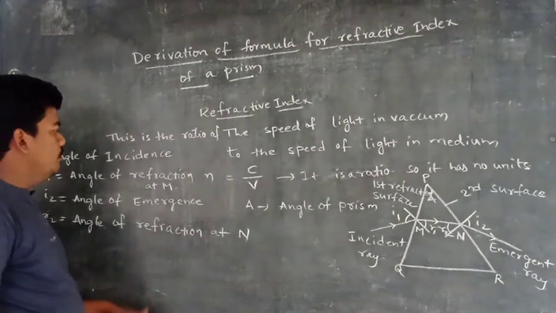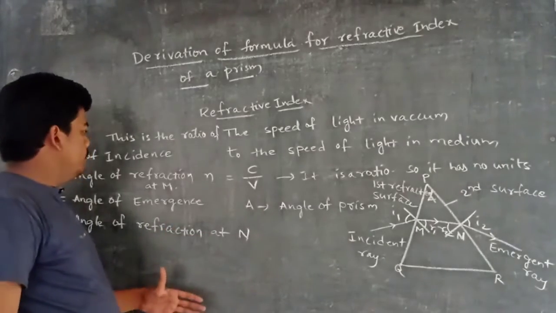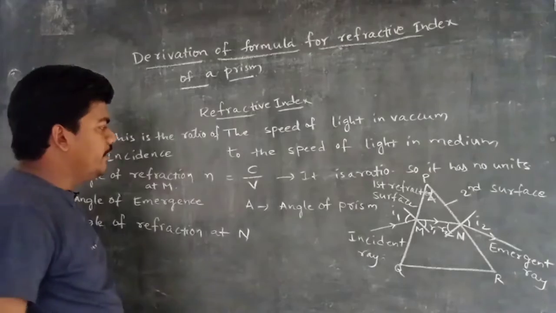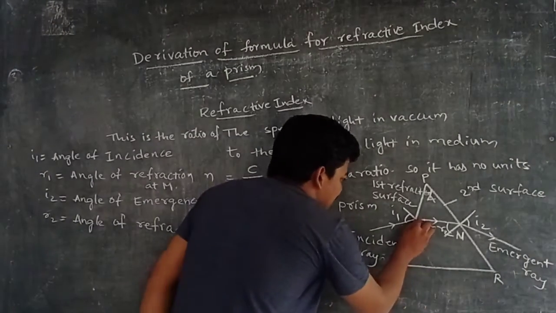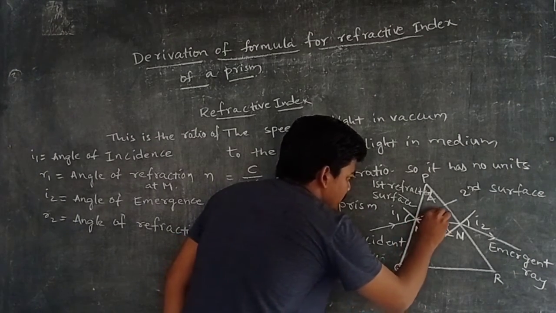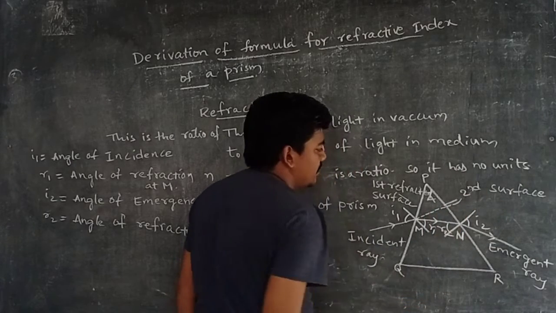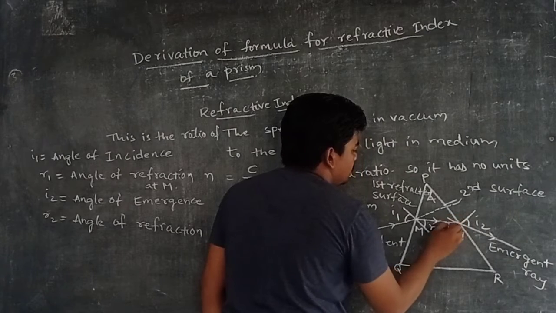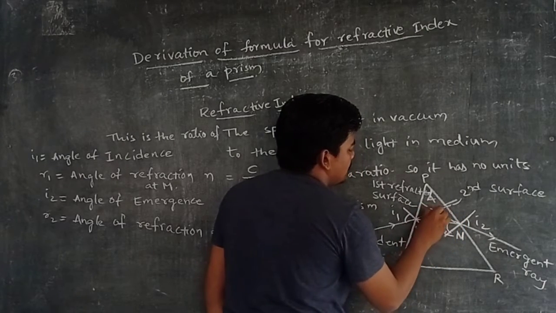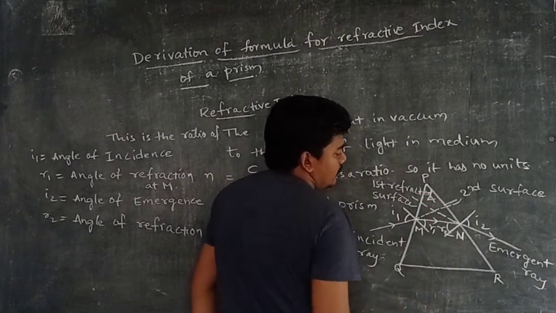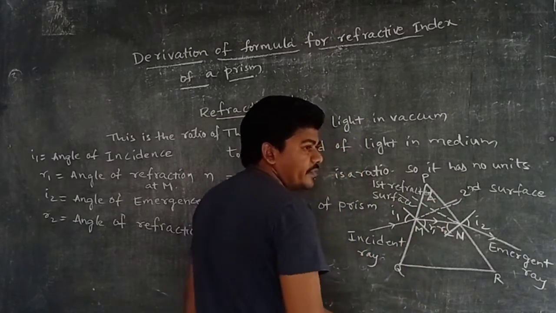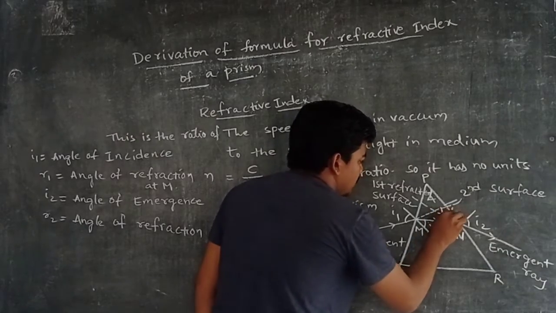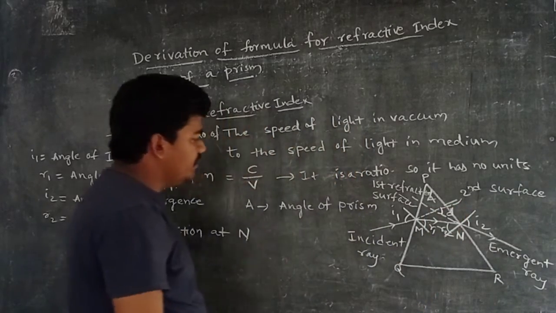Now we have to find out the refractive index of the prism. How to find this value? The incident ray is elongated like this, and the emergent ray is elongated in this direction. These two rays have the exterior angle here, small d, which means the angle of deviation.